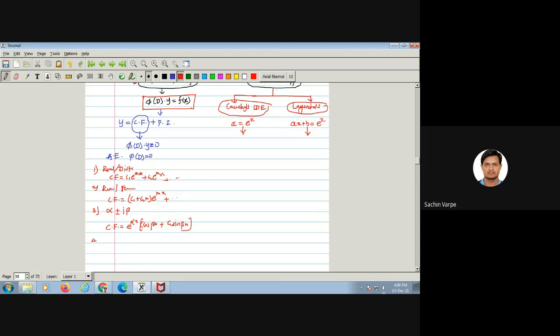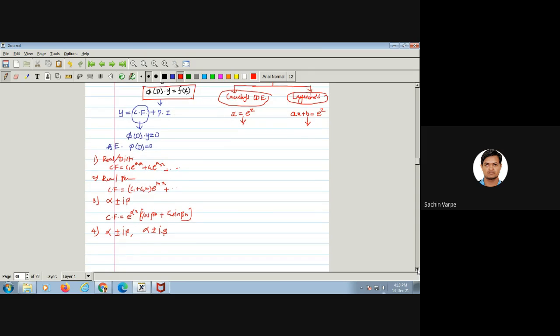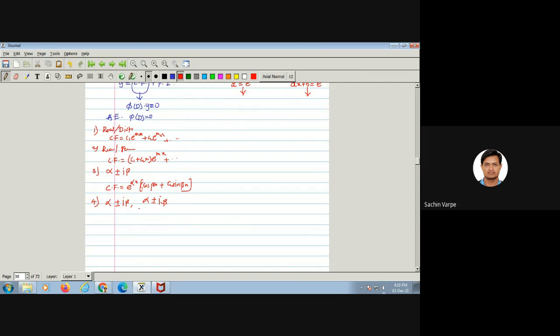And if the roots are complex and repeated, that is alpha plus minus i beta repeated twice, then in total there will be four roots, and we have the complementary function as e to the power alpha x times C1 plus C2x cos beta x plus C3 plus C4x sin beta x.